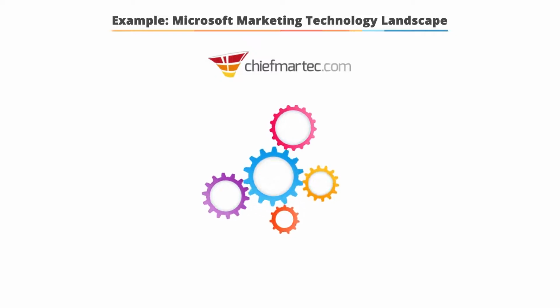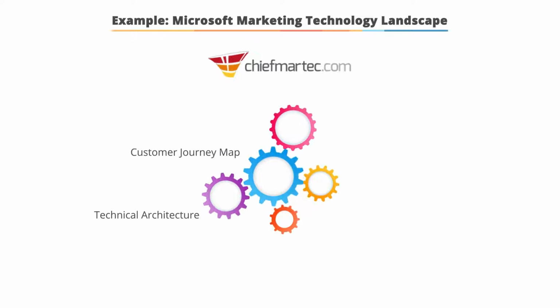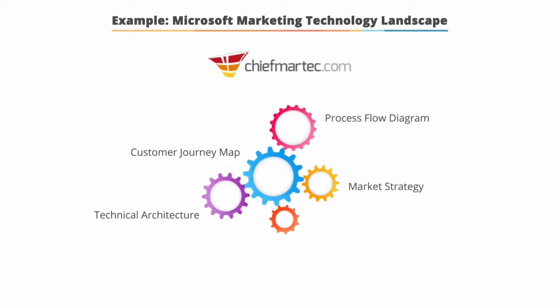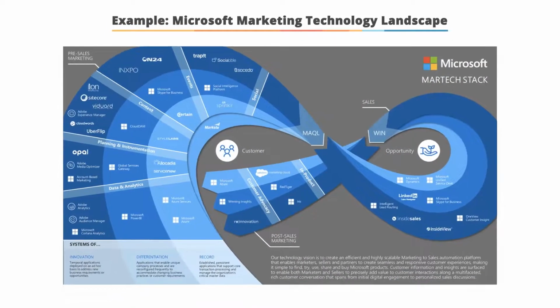They could illustrate the value chain, a technical architecture, a customer journey map, a process flow diagram, a market strategy, or a capabilities matrix. They had to provide their own original view of how marketing technology is orchestrated in their organization. So Microsoft submitted this one.